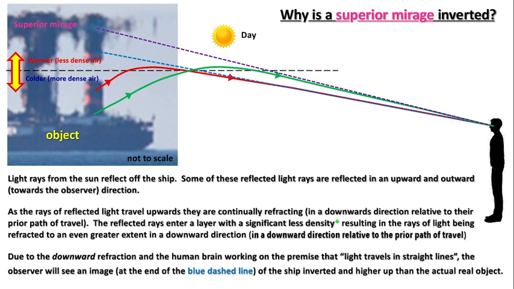The reflected rays enter a layer with a significantly lower density, resulting in the rays of light being refracted to an even greater extent in a downward direction. Due to the downward refraction and the human brain working on the premise that light travels in straight lines, the observer will see an image at the end of the blue dashed line of the ship inverted and higher up than the actual real object.